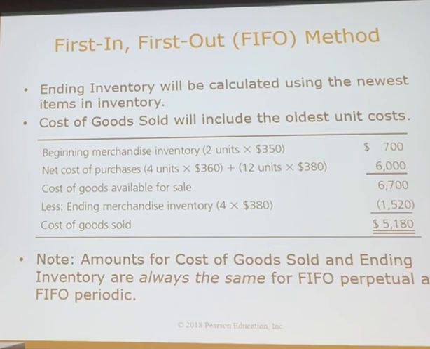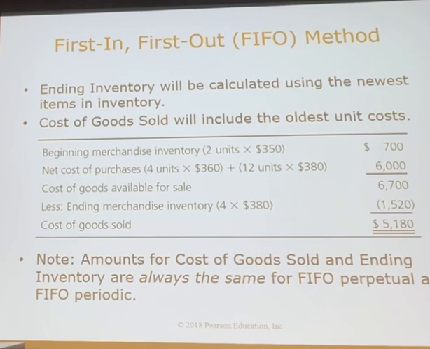And then in this case, for ending merchandise inventory, it happens that we have just 4 units at $380, but in some cases you would have more than one figure that you would have to include in your ending merchandise inventory. Another thing that makes this easier compared to the perpetual system is that we don't have to make a separate computation really of cost of goods sold.